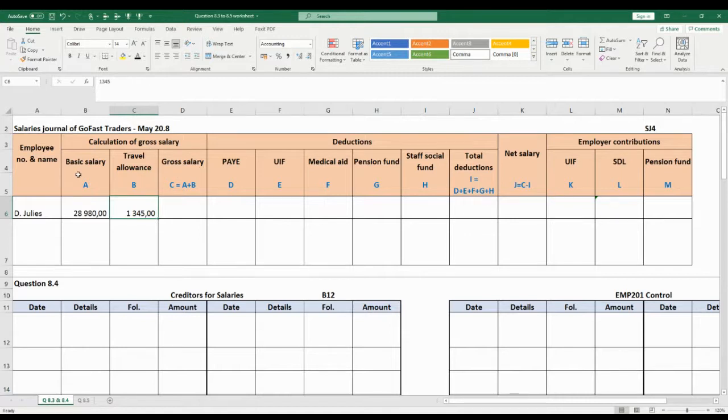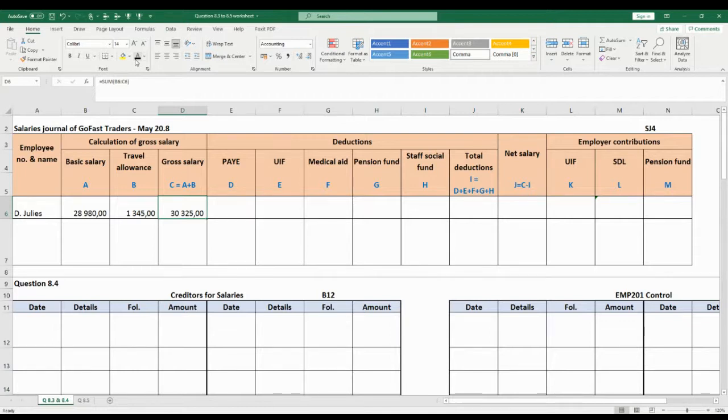Now we said gross salary is all of your income that you've earned before deductions. So A is your basic salary, B is your travel allowance, and column A plus column B gives you column C. If we add all of those together, you receive your gross salary amount of 30,000.